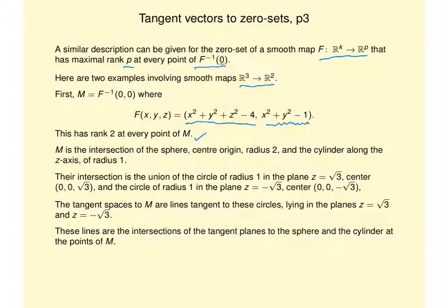Now, M is the intersection of the zero set for the first coordinate, which is simply the sphere of radius 2, centre the origin, and the zero set for the second coordinate, which is a cylinder along the z-axis, radius 1. So M itself is the intersection of this sphere and this cylinder.